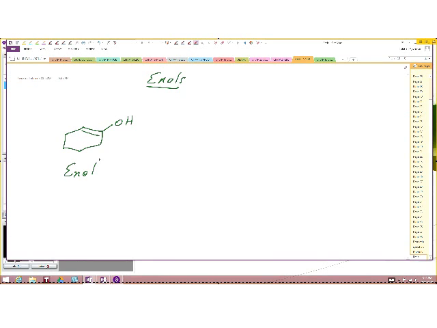We are going to discuss more about enols, I believe, in Chapter 19. But these are molecules in which you have the hydroxy group attached to a carbon-carbon double bond. Now, these types of molecules are not very stable because they rearrange very easily. The enols rearrange very easily to the corresponding ketones or aldehydes.